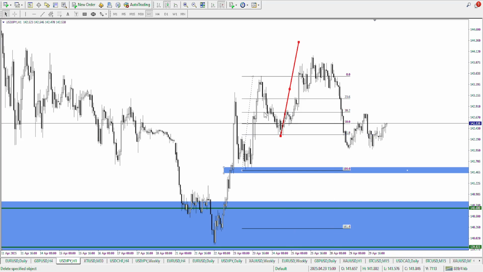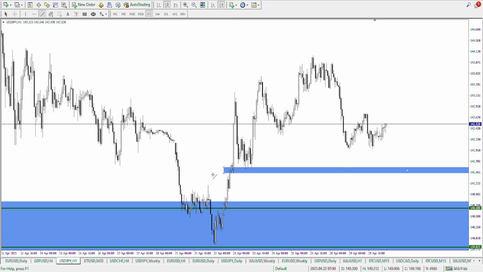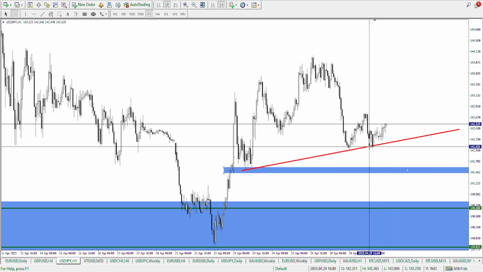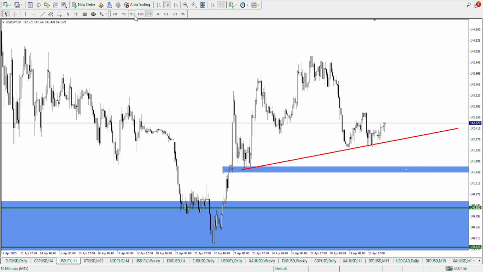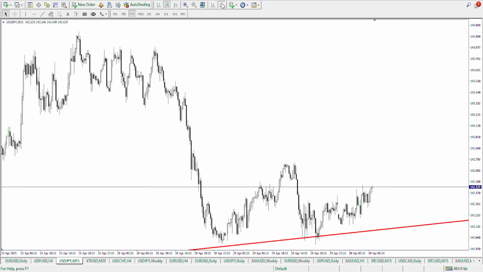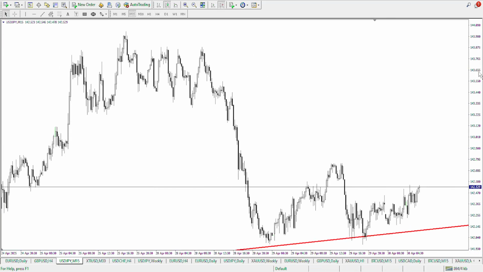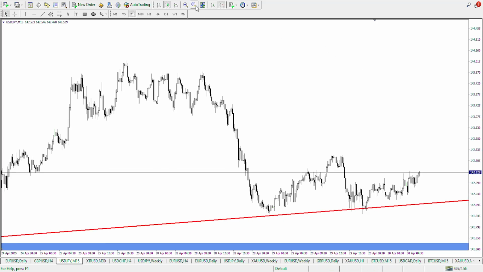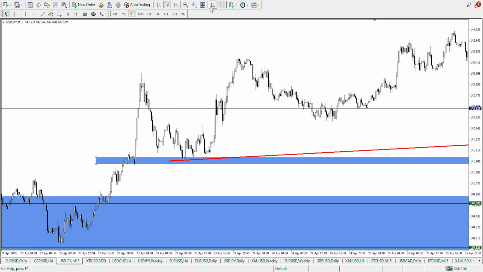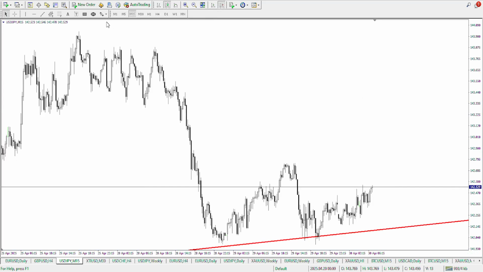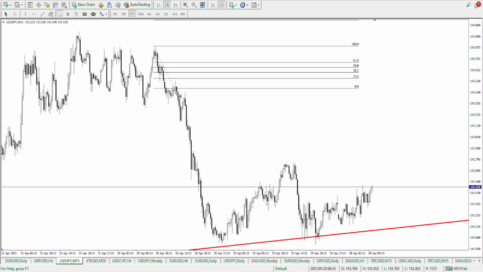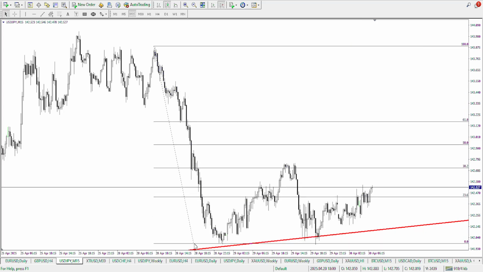Since the market is very close to the support on the weekly time frame, it has no doubt established a trend line on top of this level, which means that on the M15 right now people are trying to trade this to the top side of the market. There is a good chance that the market can continue towards this 61.8% retracement right here.